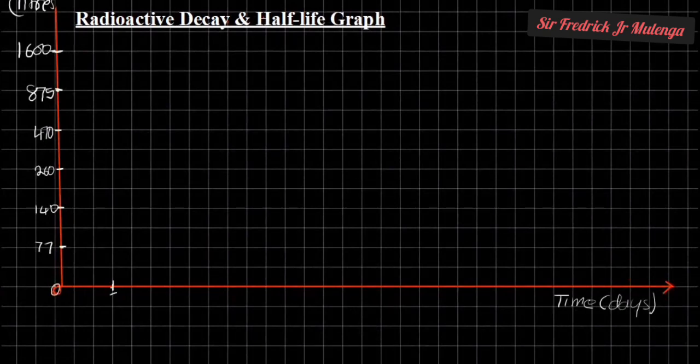So 7 plus 7, that would be 14. Then that will be 21. That will be 28.